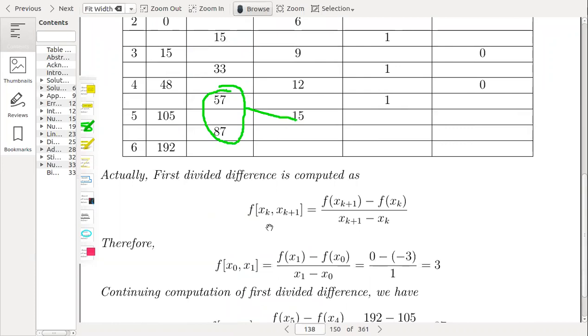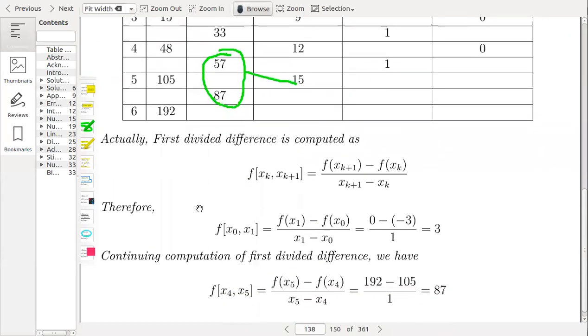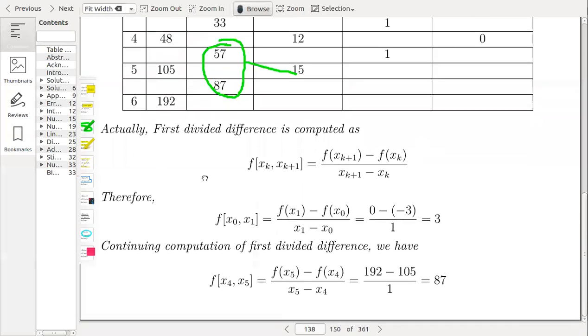Then if we want to verify that these numbers are the same, we can also calculate like this. The first divided difference is computed as f[x_{k+1}]. We can make use of the formula, so for x0 and x1, f(x1) minus f(x0) over x1 minus x0, 0 minus this 3. And similarly, continuing the computation of the first divided difference, we have this 87.